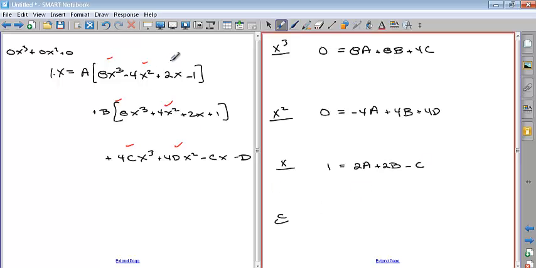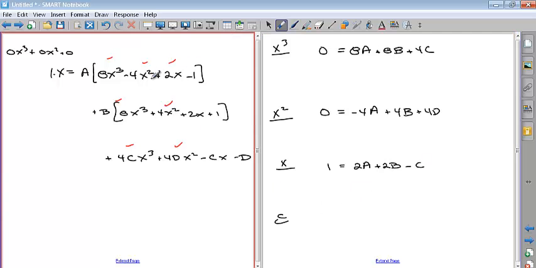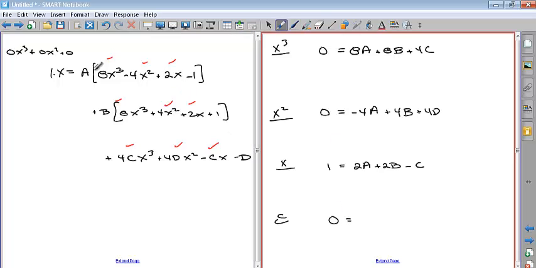And then the constant stuff, so let's mark those off: 2a, 2b, negative c. And then the last one, you're going to have 0 constant on the left-hand side, and on the right you'll have negative 1 times a, plus b, and then minus d.